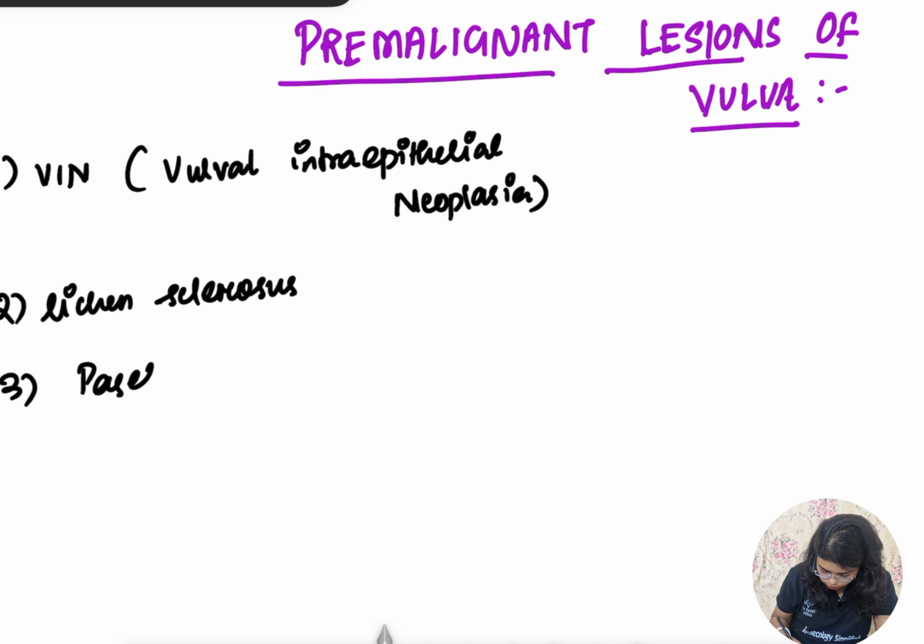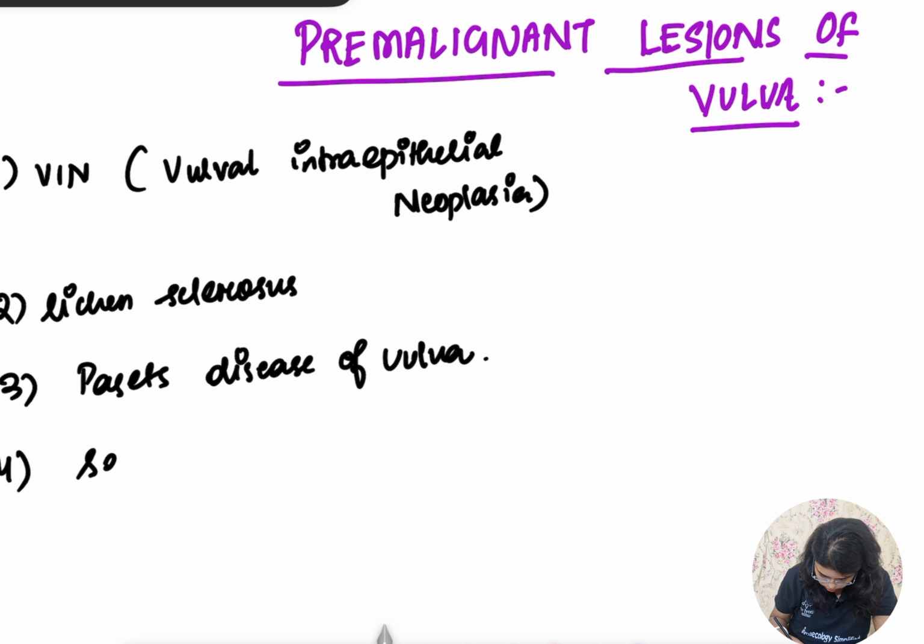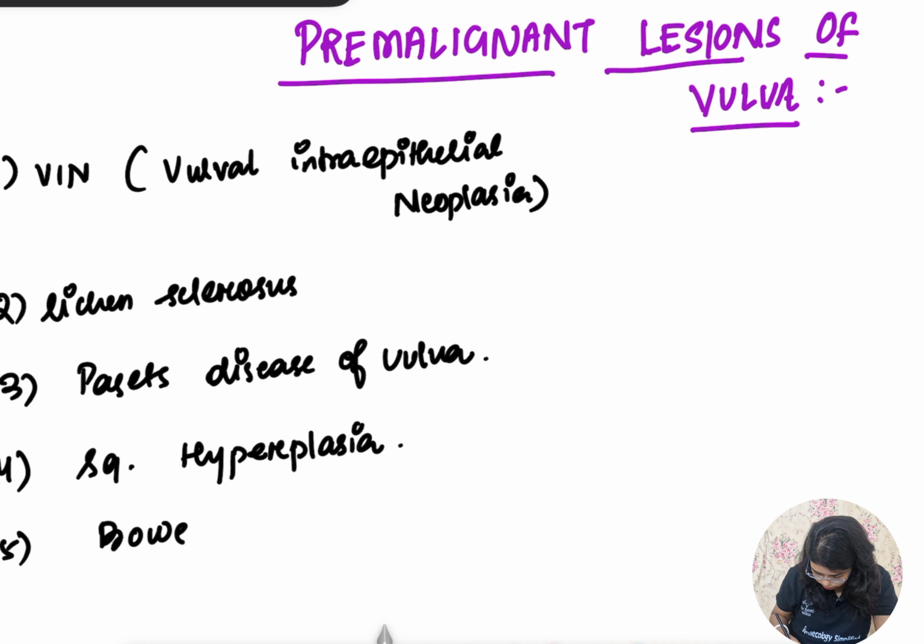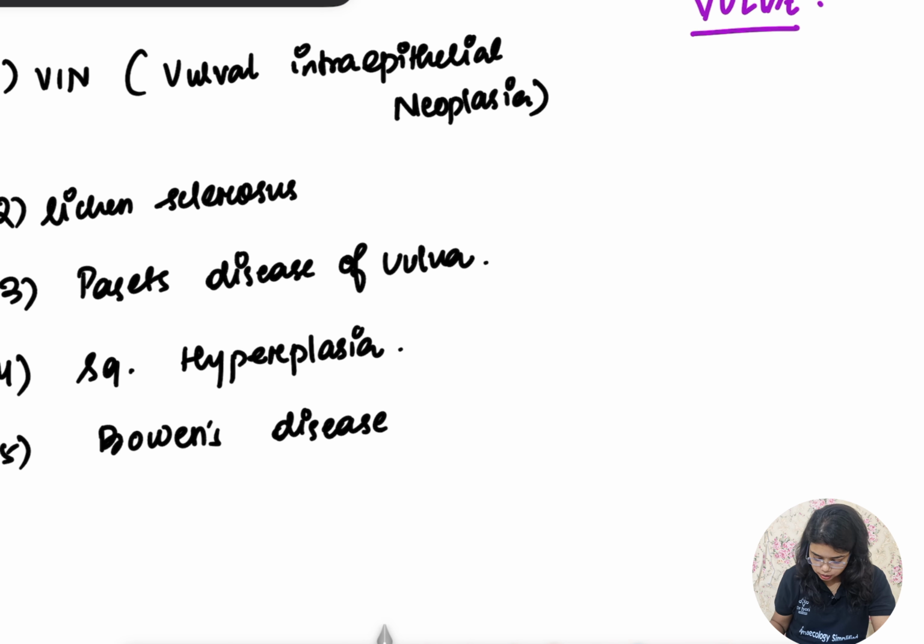Then Paget's disease of vulva, squamous hyperplasia and Bowen's disease. These are the premalignant lesions of vulva. So what is the malignant part? The malignant part is the cancer vulva. The premalignant lesions have a tendency to become malignant.